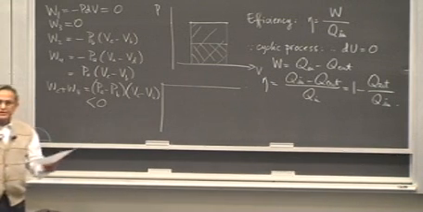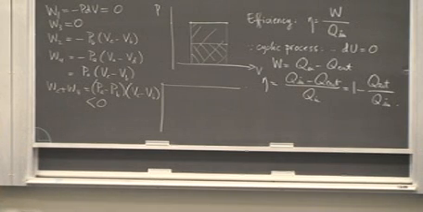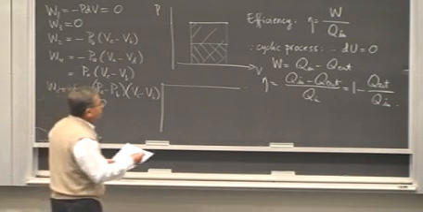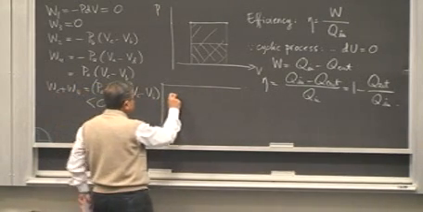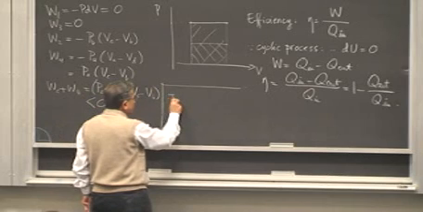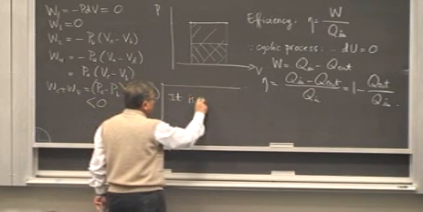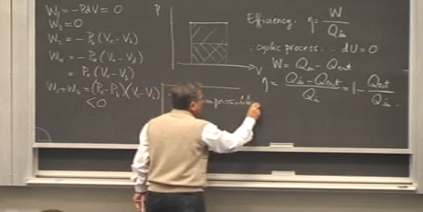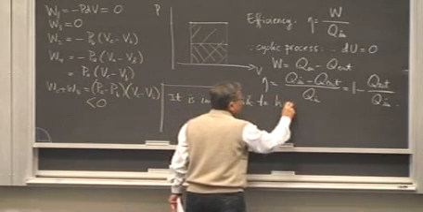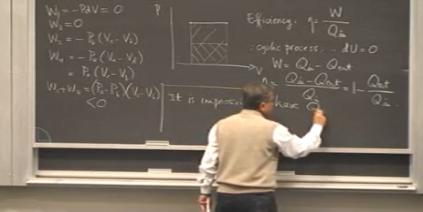Actually, the things that I'm describing are the seeds of the second law of thermodynamics. One statement I will quickly make: it is impossible to have Q out equal to 0.